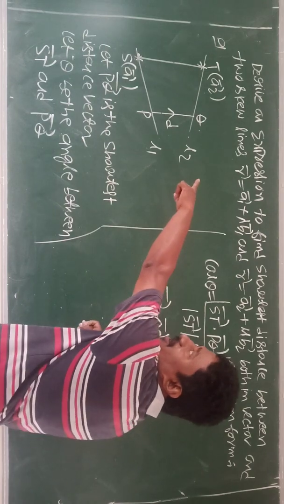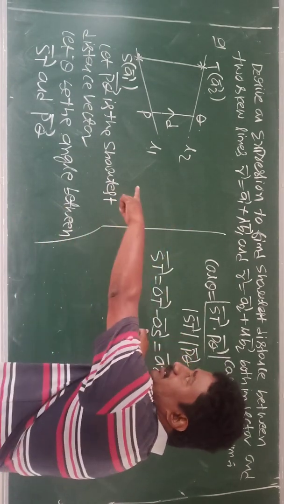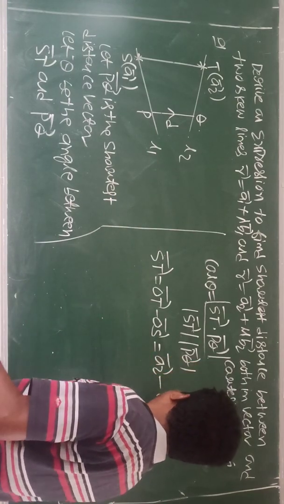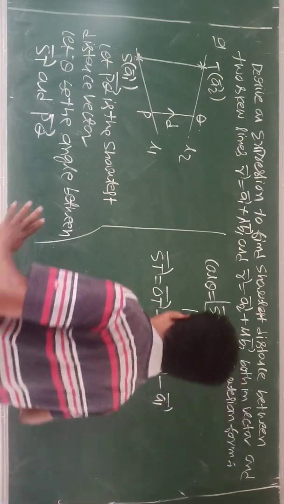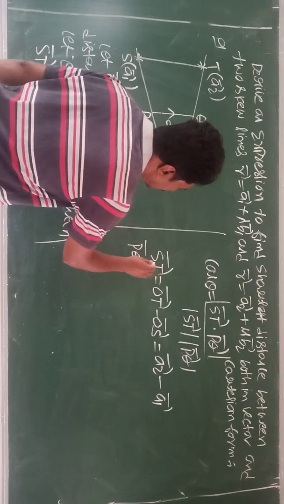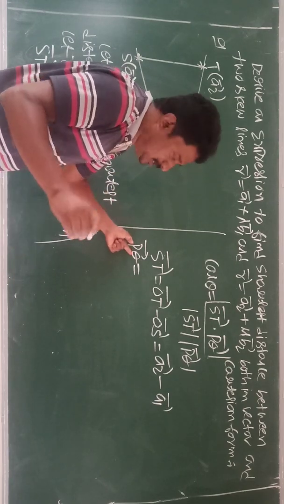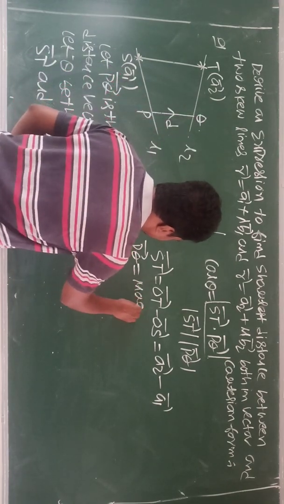OT means vector A2 minus OS, and OS means vector A1. Further, vector PQ: magnitude into unit vector along PQ.